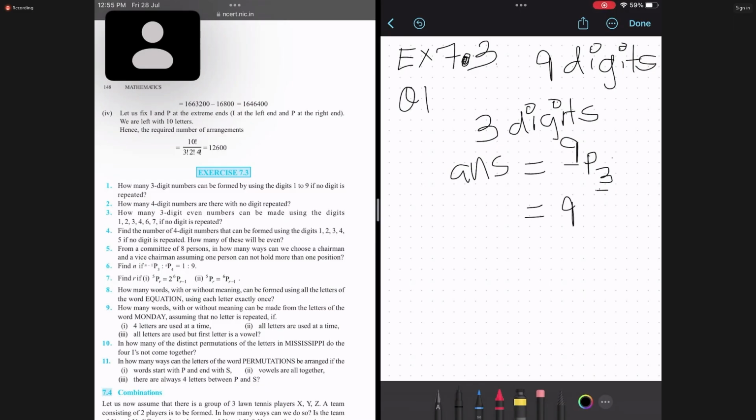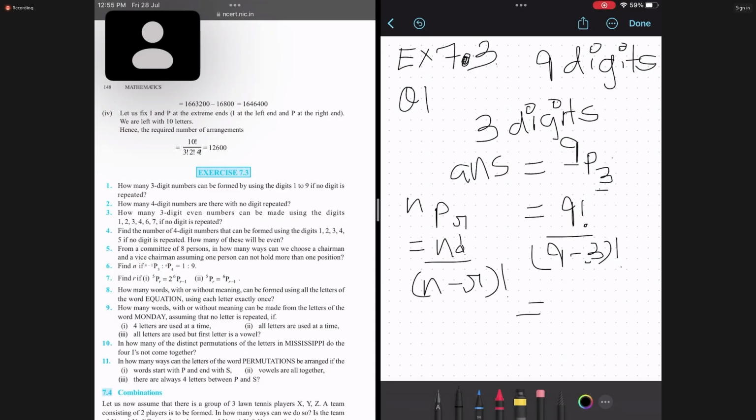So that would be 9 factorial upon 9 minus 3 factorial, because nPr is nothing but n factorial upon n minus r factorial. I've done nothing but just expressed that in the actual terms of 9P3. And when you go on to solve this, you'll realize 9 factorial is nothing but 9 into 8 into 7 into 6 factorial upon 6 factorial.